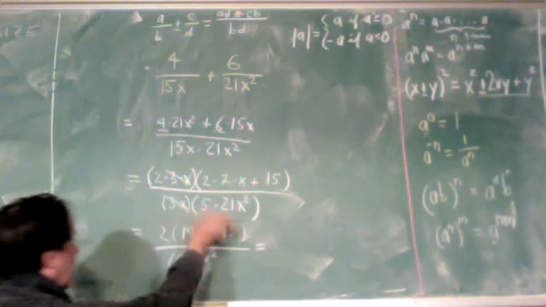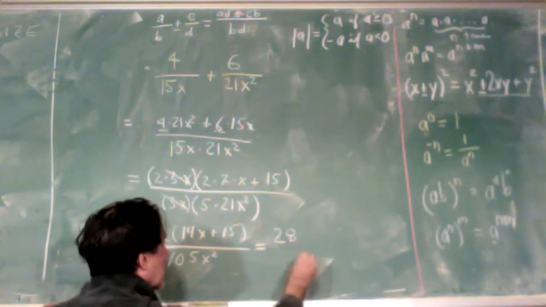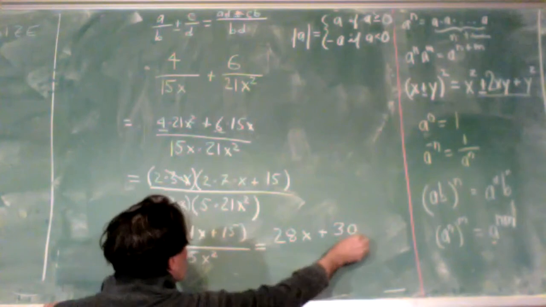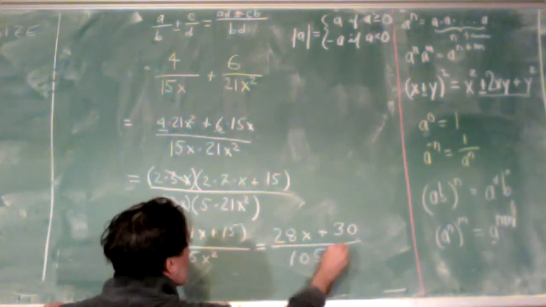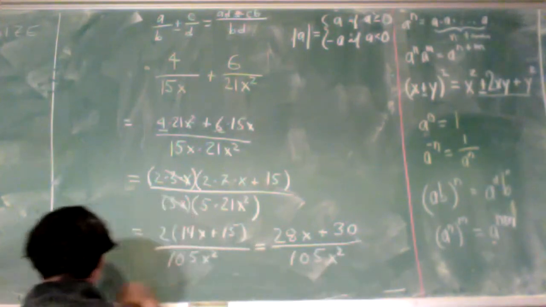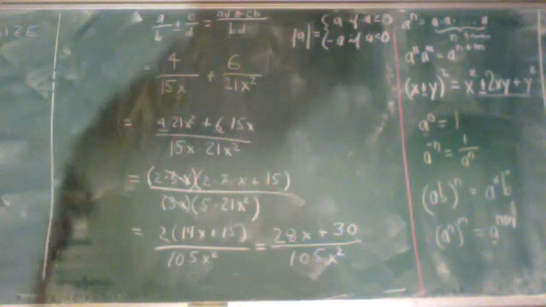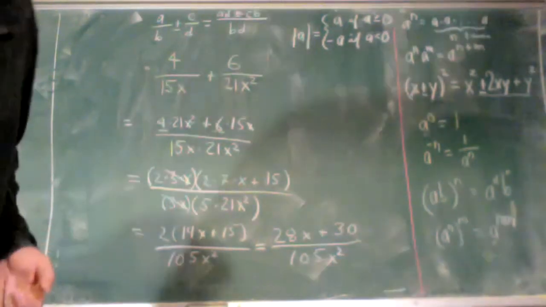And if we multiply the 2 through, we get finally 28x plus 30 all over 105x squared. And we have thereby performed the indicated operations.